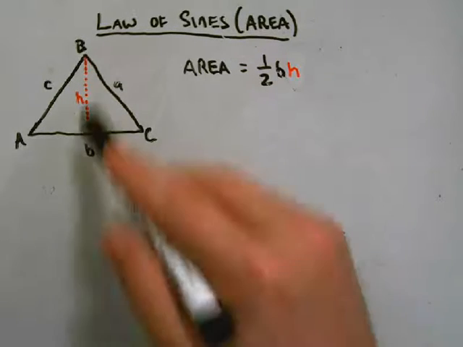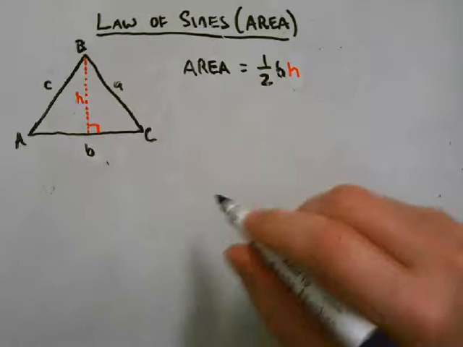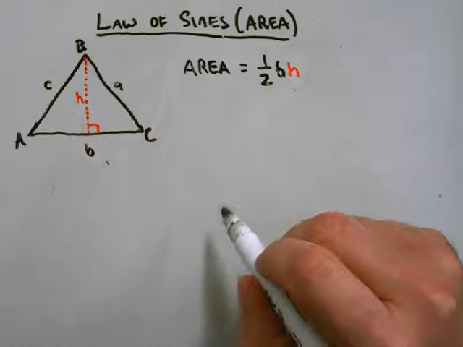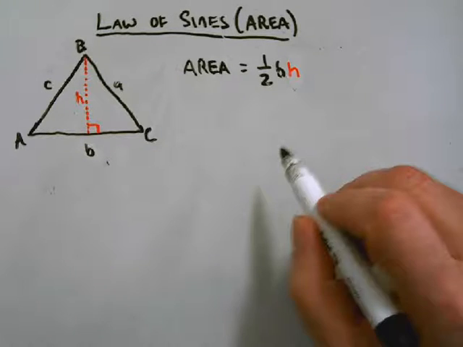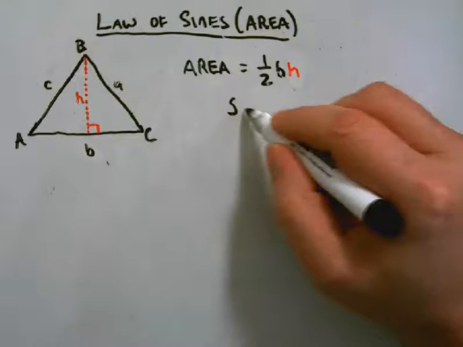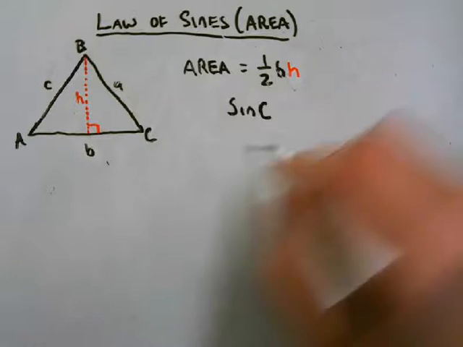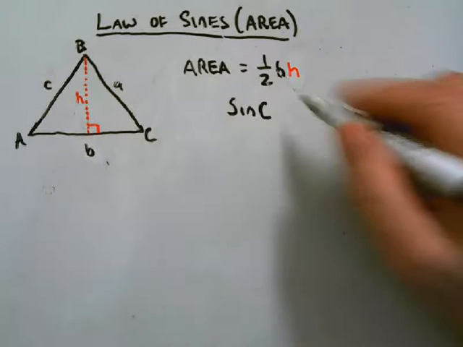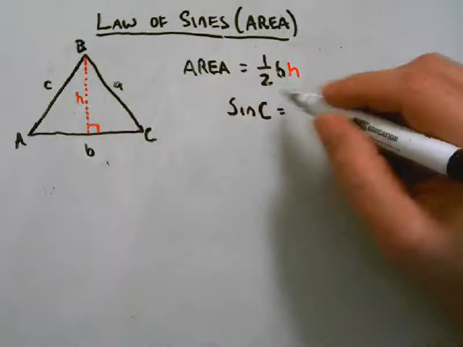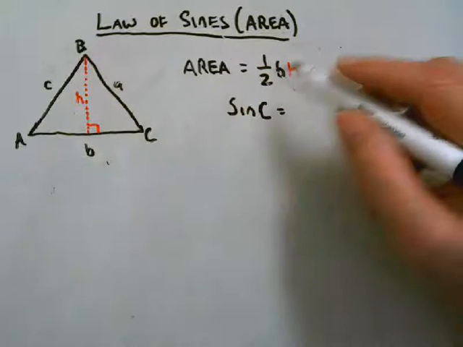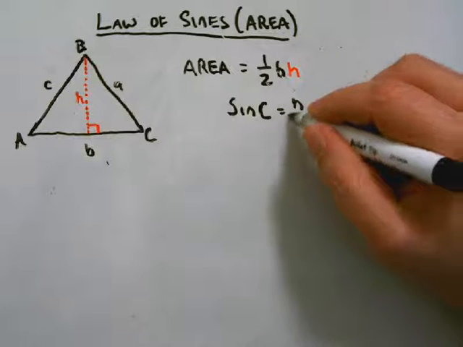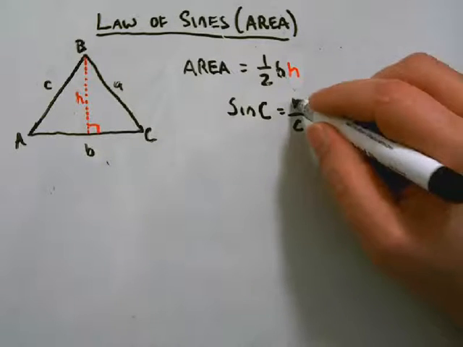It wasn't given to us, but using what we know about the law of sines, we can help ourselves get that value. So we do know that if we took the sine of C, it would be h over a, opposite over hypotenuse in that right triangle, right? So it would be h over a.